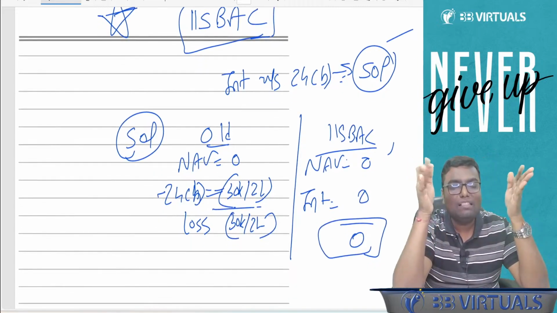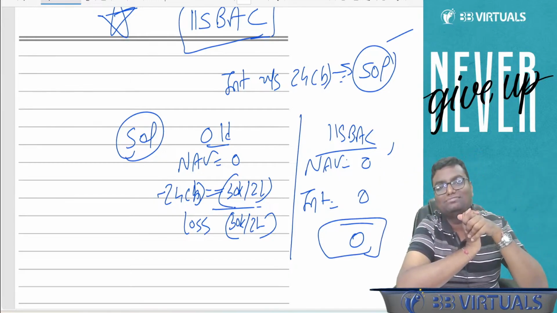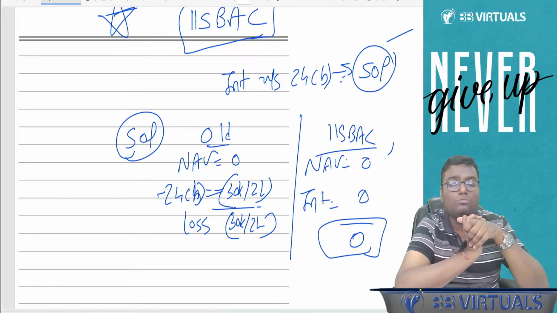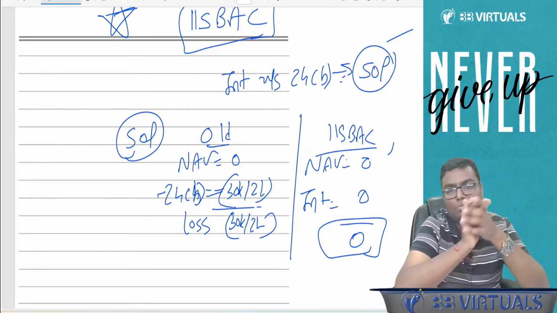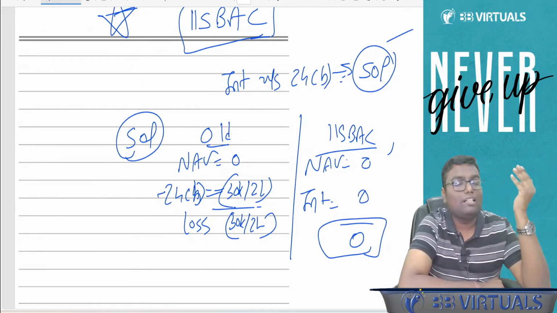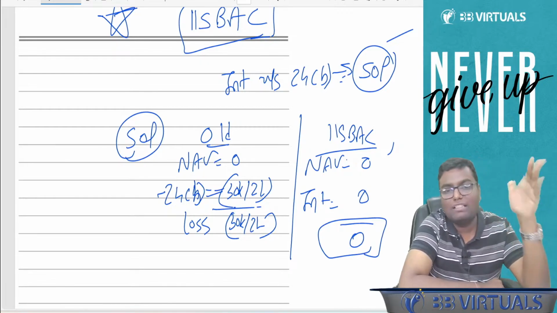So 115 BAC, everything will be 0 so far as SOP is concerned. Are you understanding this? So if in the question it is written that assume that the person has followed default tax regime, and if the property is SOP, you will assume everything as 0. But if it is shifted out of default regime, that is old regime, deduction is available.